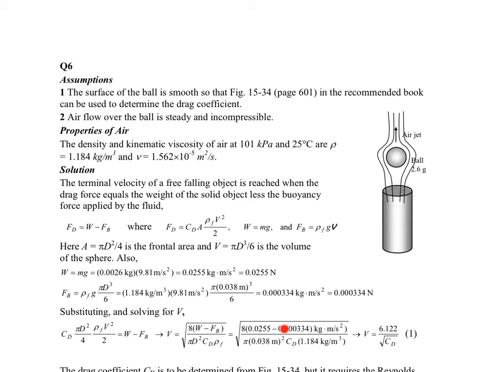And if you look very carefully here, we got all our terms: 8 times the weight minus the buoyancy force, divided by pi times d squared times the drag coefficient times 1.184, to allow us to get V in terms of the 6.122 numeric value over the square root of the drag coefficient.